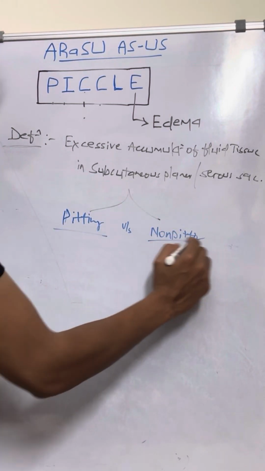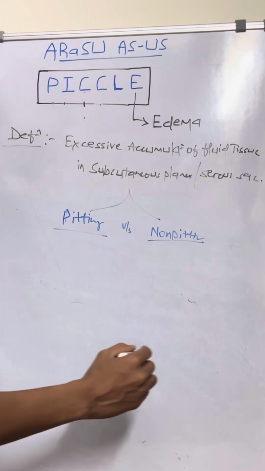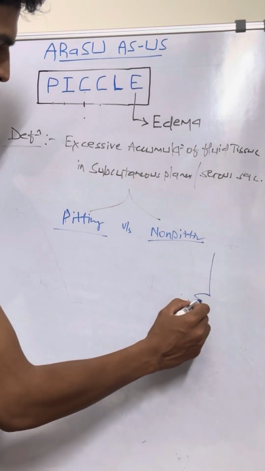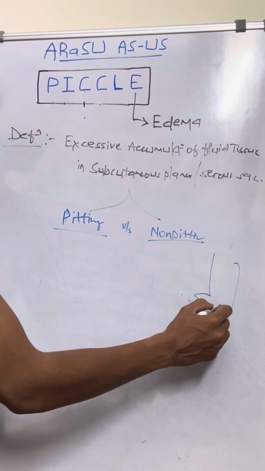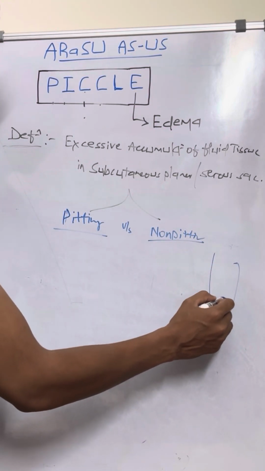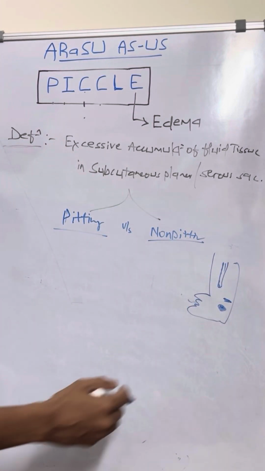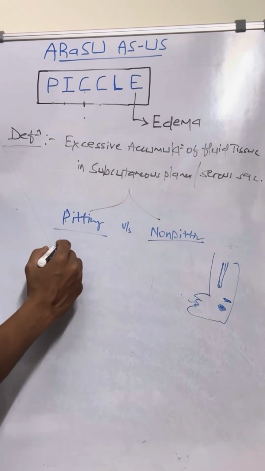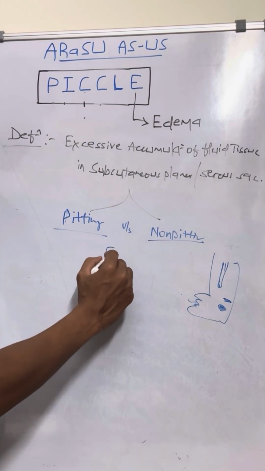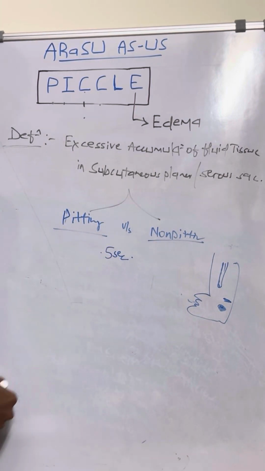Here, what we usually do is, commonly over the legs, over the medial malleolus or slightly above it, or over the shin of tibia, we have to give a firm pressure using the thumb, usually for about 5 seconds, and look for any dip or pitting.